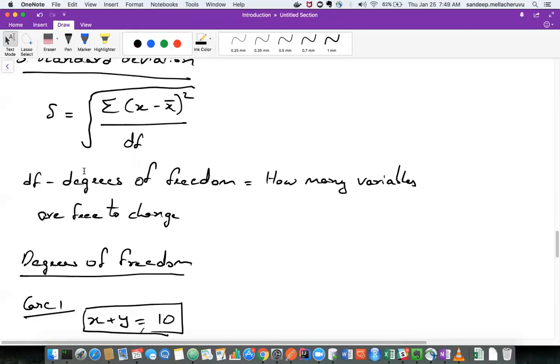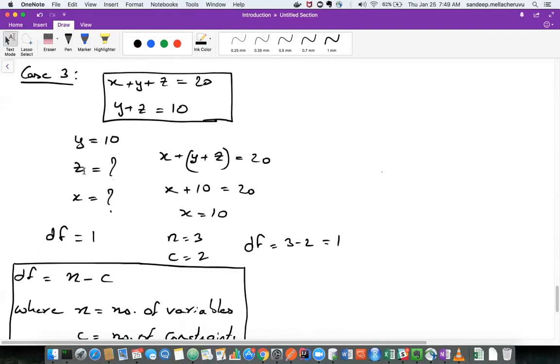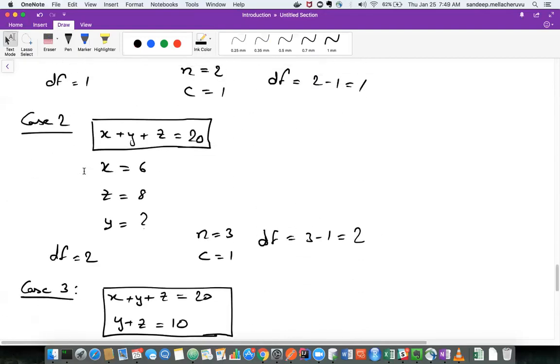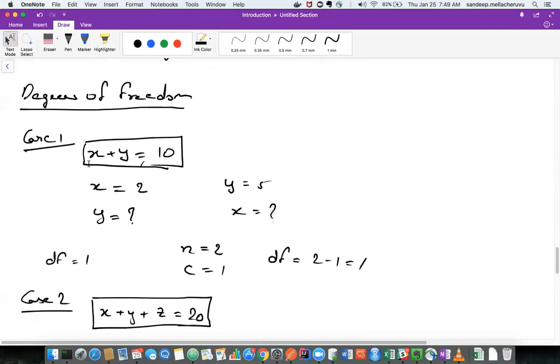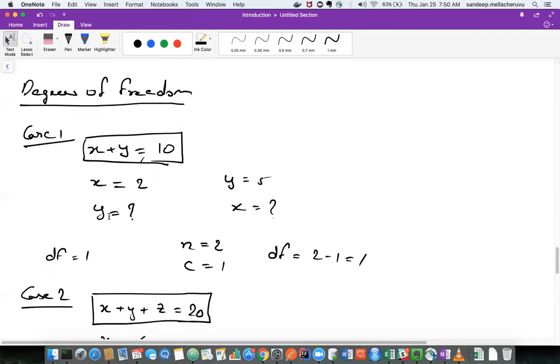Anyway, based on the constraints and the variables, are you comfortable now calculating this degrees of freedom? This is more important than finding out the constraints itself. Yeah, with the formula, it's easy.